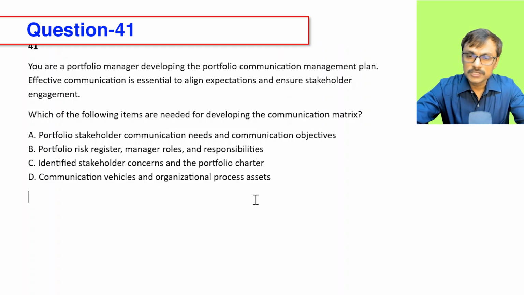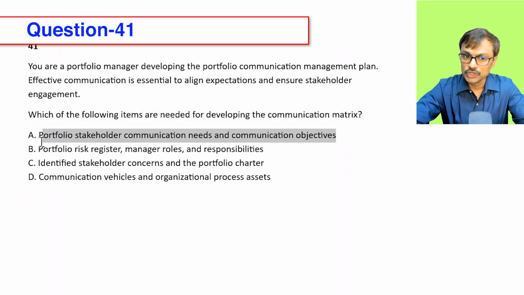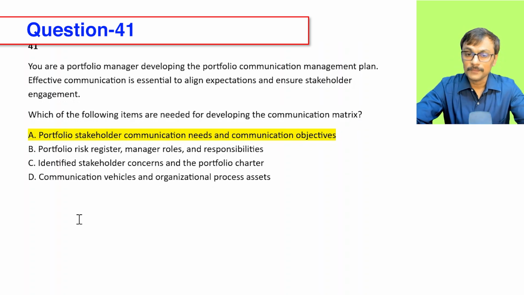A clearly talks about communication needs and expectations, communication objectives, which is more important than just focusing on organization process assets. So that way, I will choose option A for this particular answer. Now, if you have any difference of opinion, put it in the comments, but this is how we can possibly navigate in a PfMP exam.